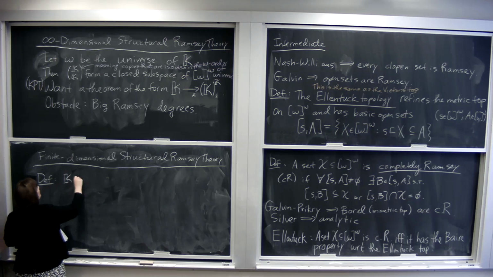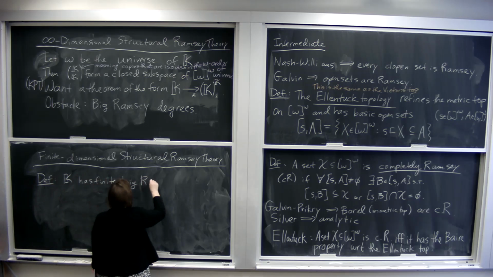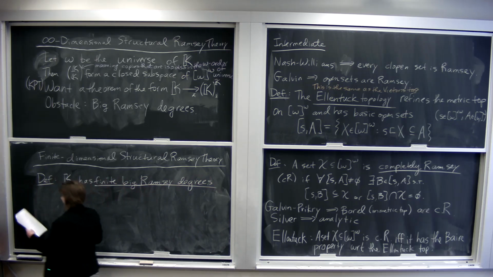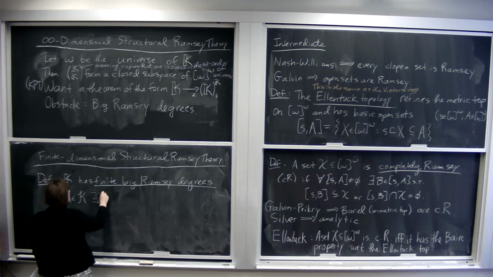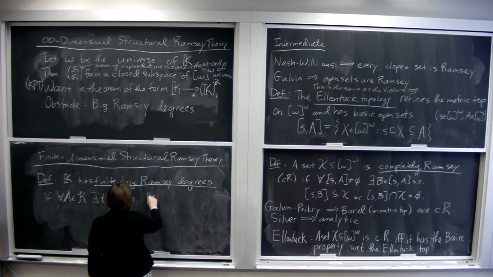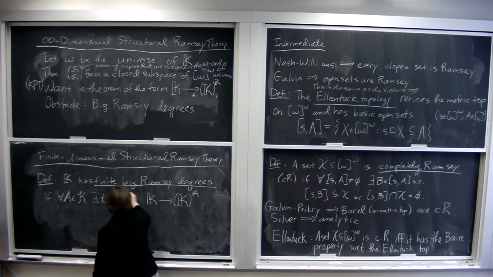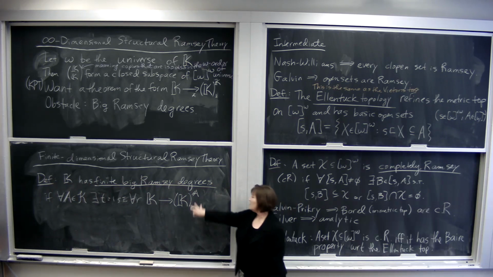So we're going to say K has finite big Ramsey degrees if for every A in K, there is a number T such that whenever you color your copies of A inside of K into R colors, you can find another copy of K, an isomorphic substructure, such that you can get down to T colors.